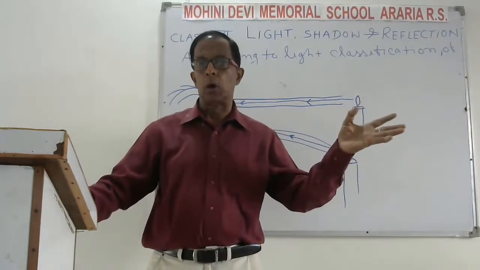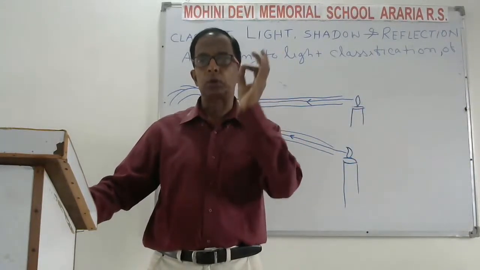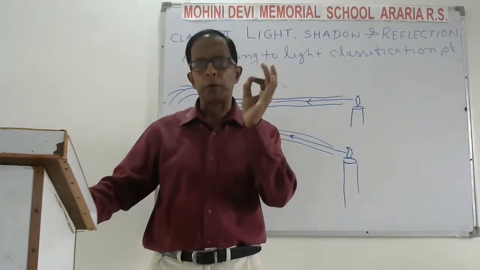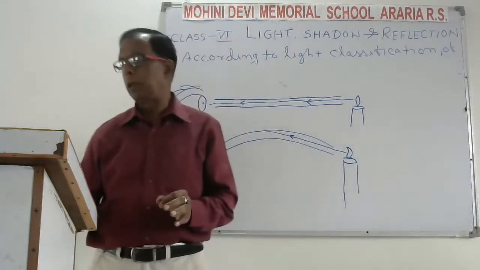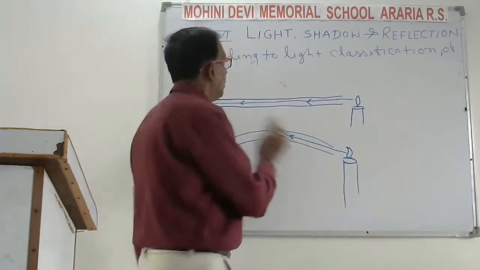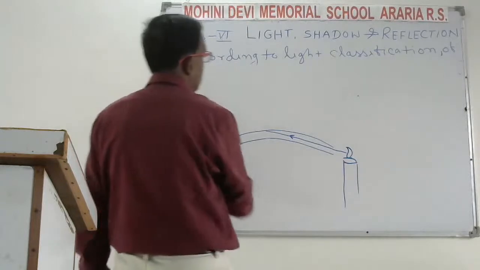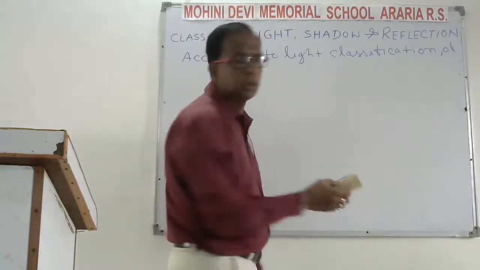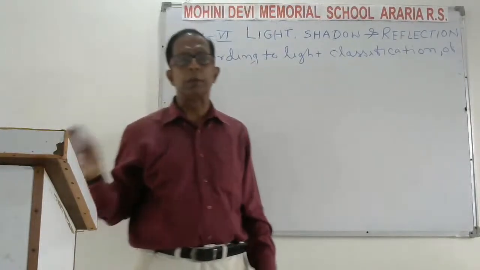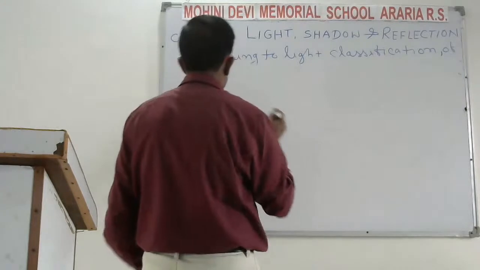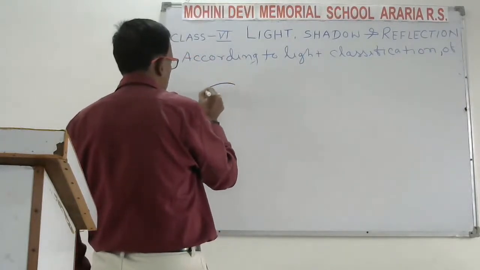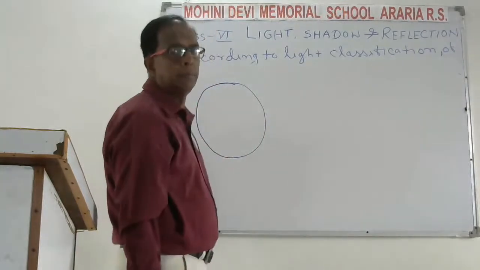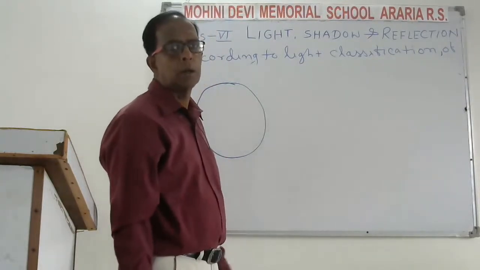Just I am going to draw a diagram which exhibits that light propagates on a straight path. Please see this diagram, my children, and then you will be very clear. Just see, the size of the sun is very large. In the solar system it is a big star.